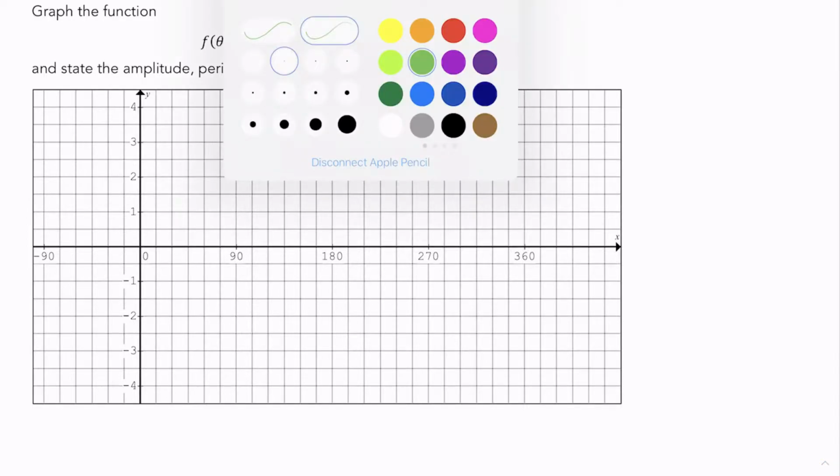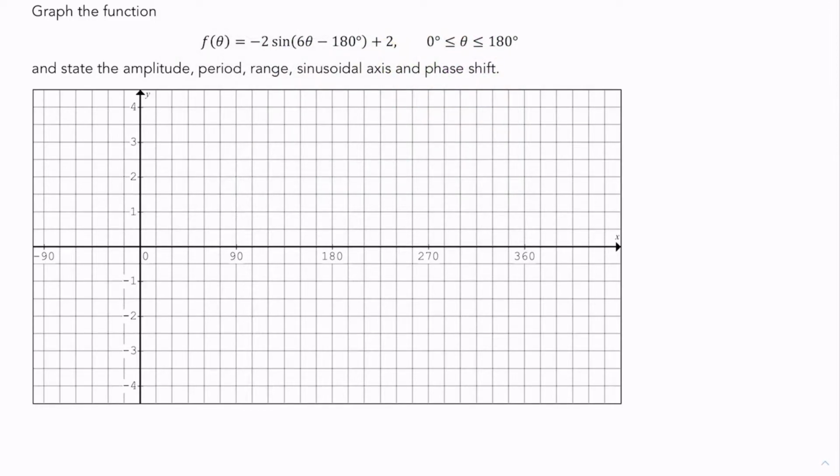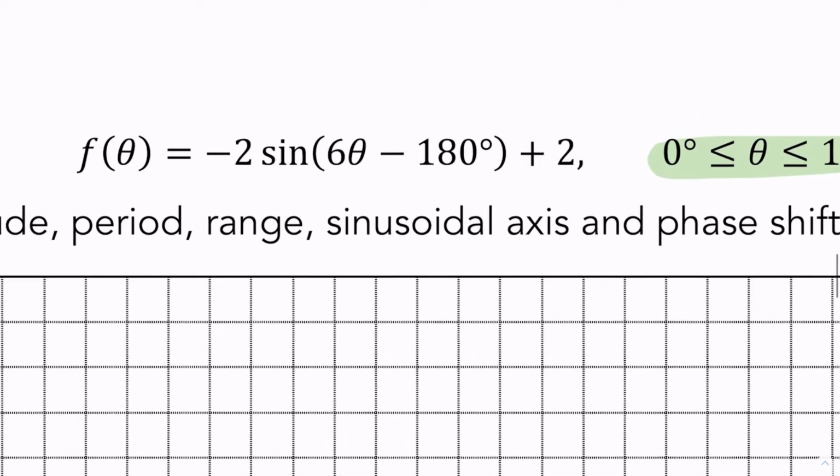So before we begin, let's write this function in a form that is recognizable. And by the way, we are doing this over the interval of 0 to 180. I just say recognizable. All I mean by that is the b value is factored out. So I can write this as -2 sine, and the 6, which is my b value, I'm going to factor it out from the argument of the sine function.